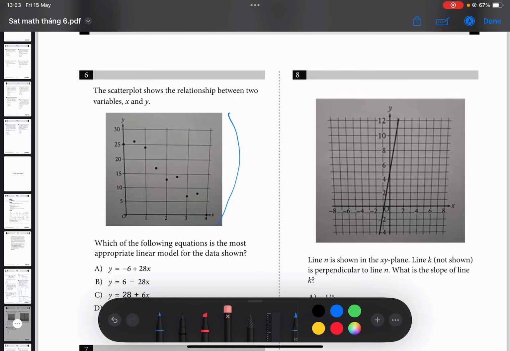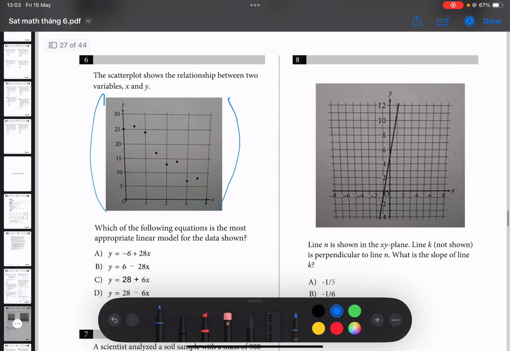The scatter plot shows the relationship between two variables x and y, and it gives you this scatter plot over here. Which of the following equations is the most appropriate linear model for the data shown? For this type of question, it gives you a lot of points, but what I will do is randomly choose two of them to find the linear model.